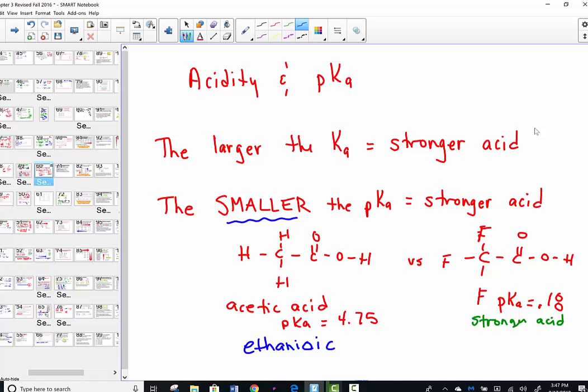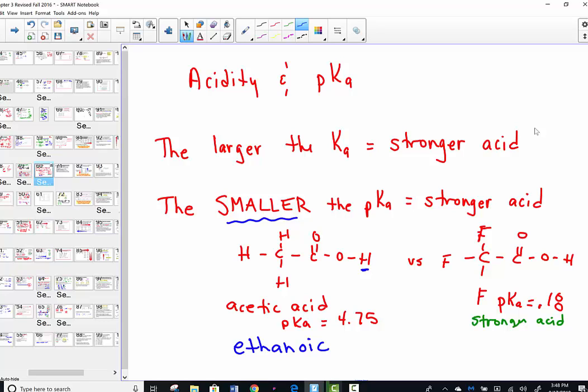Eth, ethane for 2 carbons, and the oic represents a carboxylic acid, ethanoic acid. This is the acid proton here in the COOH part of the molecule. We look up the pKa and it's 4.75.